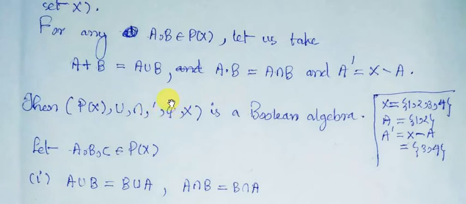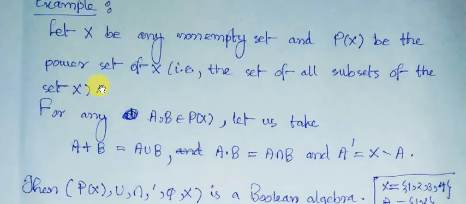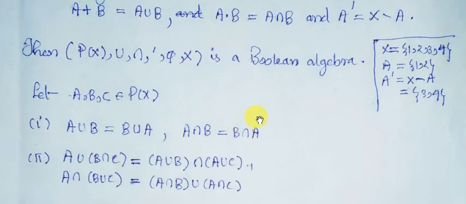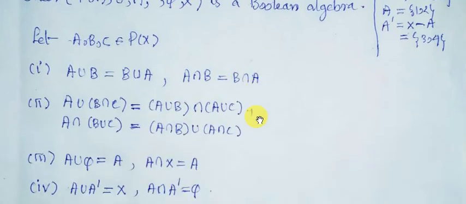And here the null set phi will be the additive identity element, and the universal set or the considered set X will be the multiplicative identity element.